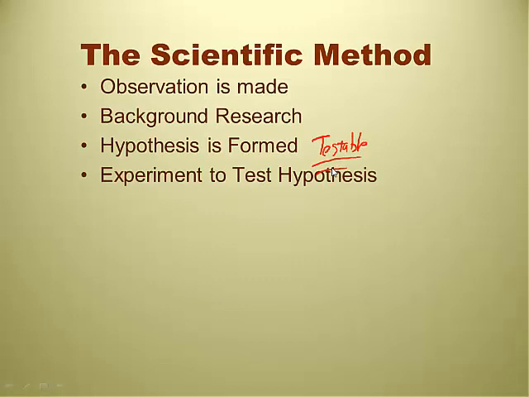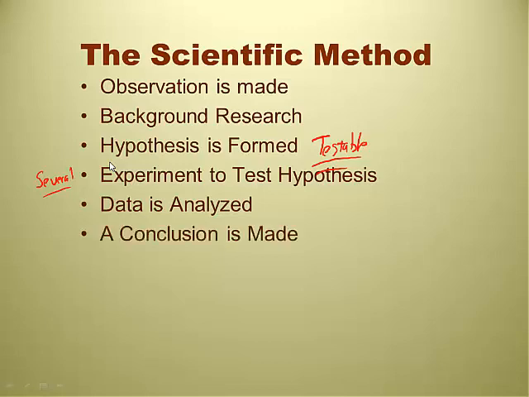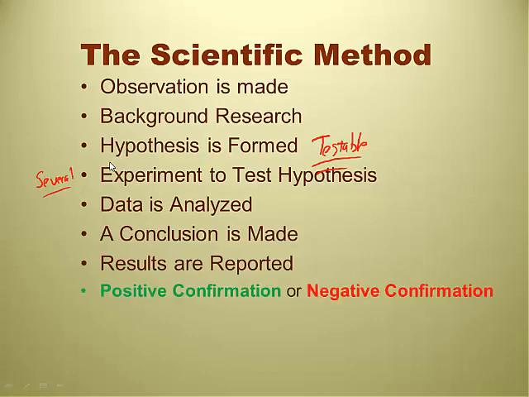Experiment to test the hypotheses, and sometimes lots of experiments. Sometimes several. Several experiments get done. Data is analyzed, so you check to see if the hypothesis was supported or not. A conclusion is made. Results are reported. And results can go two ways.